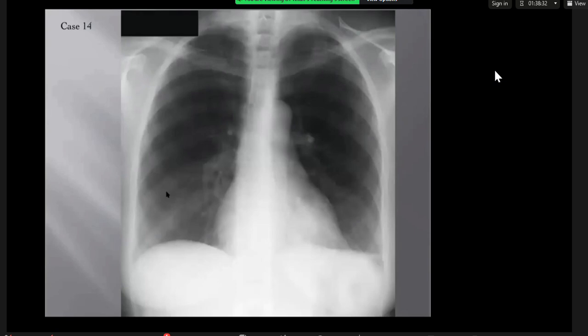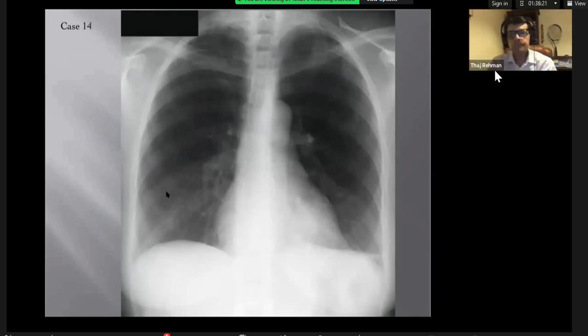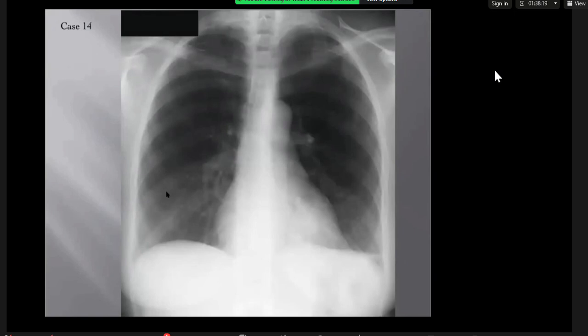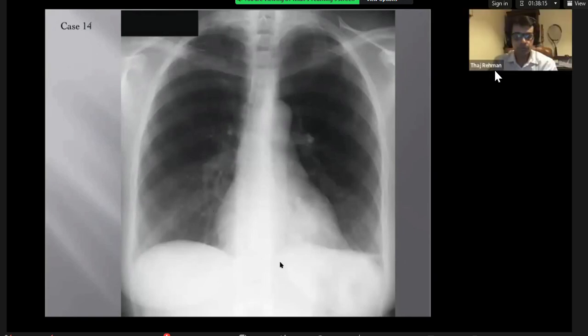Okay, so I can see that the left hemidiaphragm is obscured. It's not a fluid level, it's just obscured. There is a small effusion.